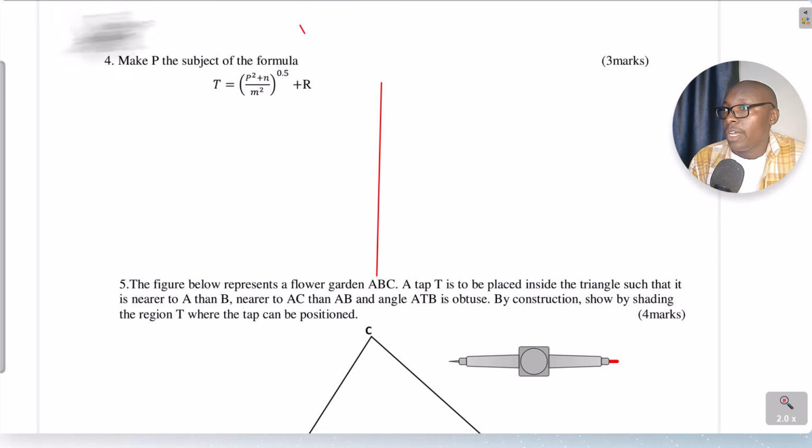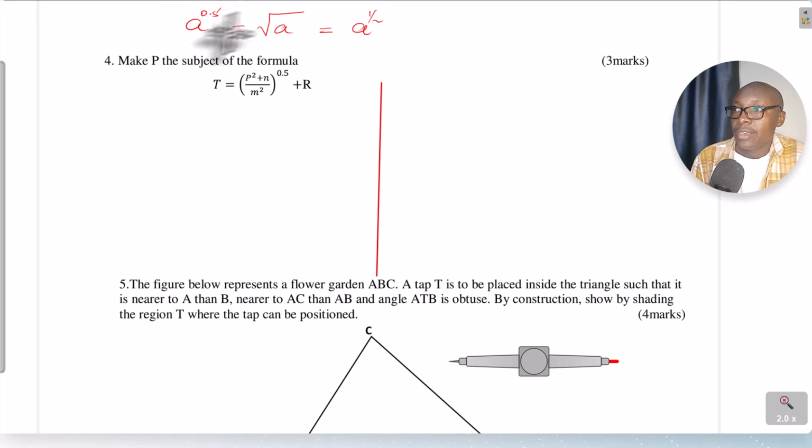So if you have a number like, let's say a, and you raise that to power 0.5, this is the same as getting the square root of a. So for us to eliminate that power, we need to square each term.